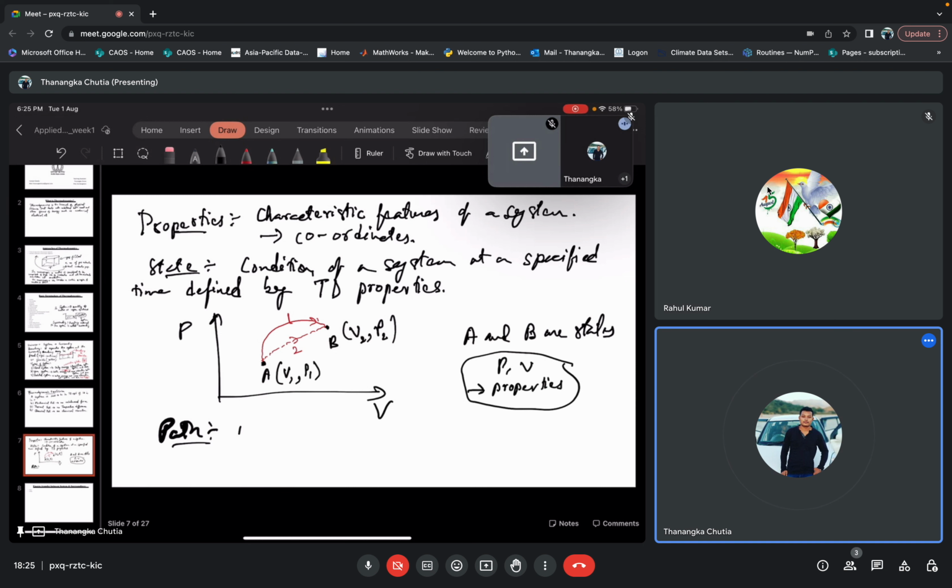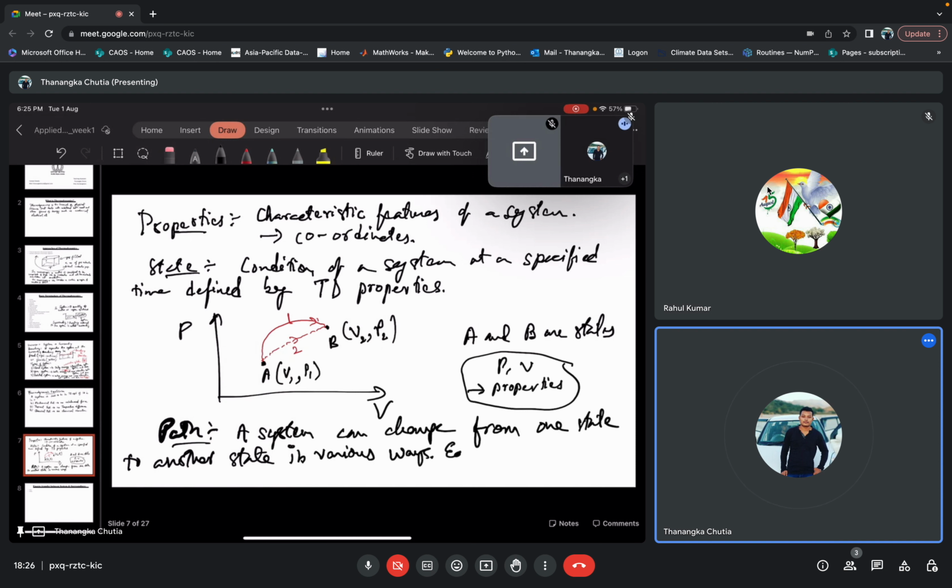A system can change from one state to another state in various ways. Each of these ways is called a path.